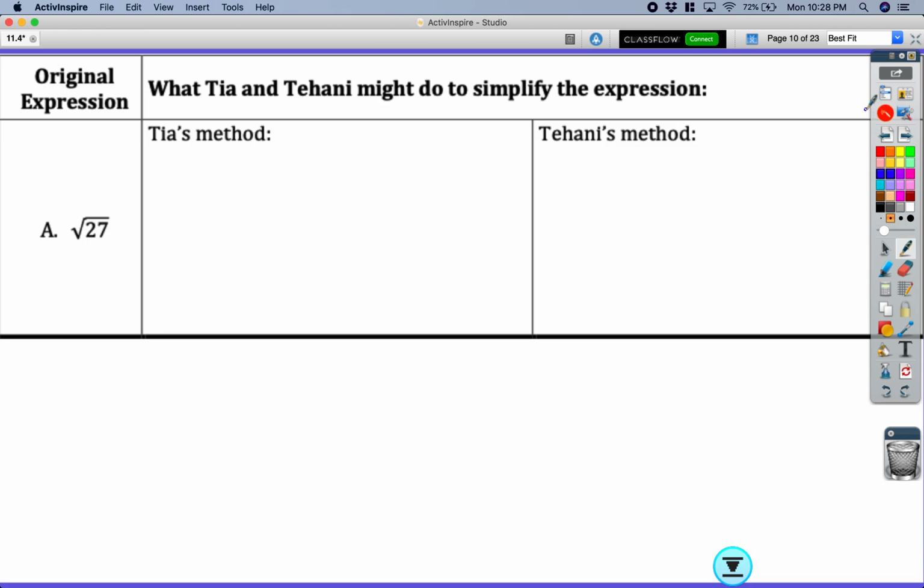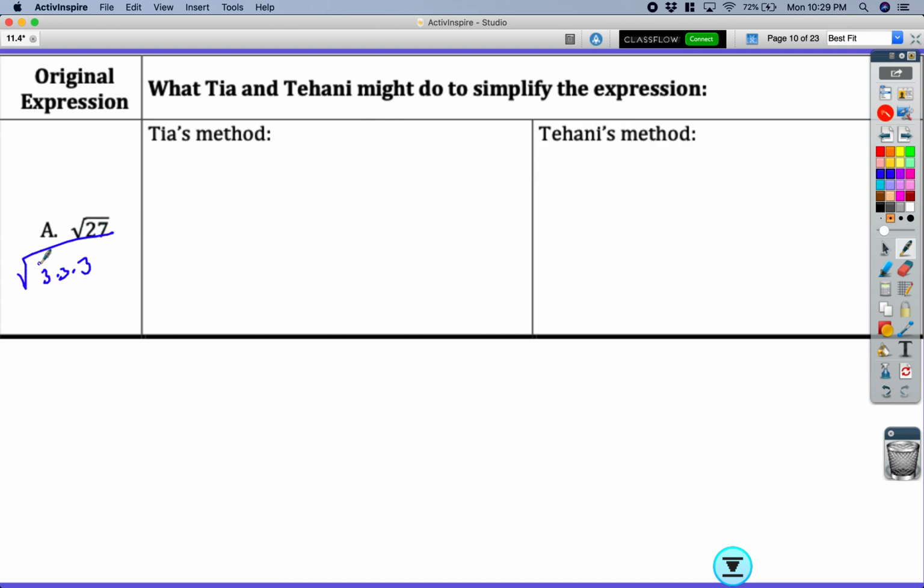So what we're going to do is go ahead and simplify these, both Tia's method and Tiana's method, okay? So first, we're going to look at it like this. You might want to make a factor tree on some of these, so you basically know that 3 times 3 times 3 is what 27 is equivalent to.